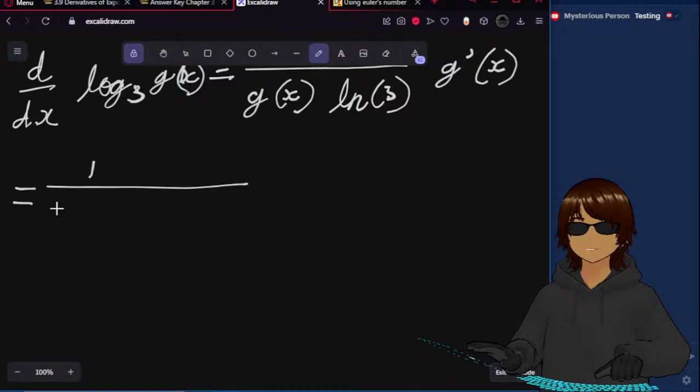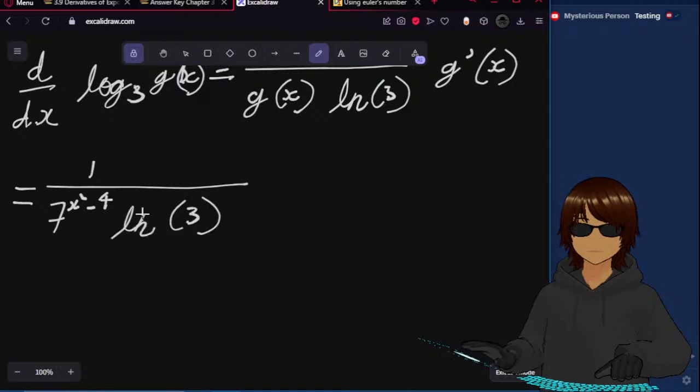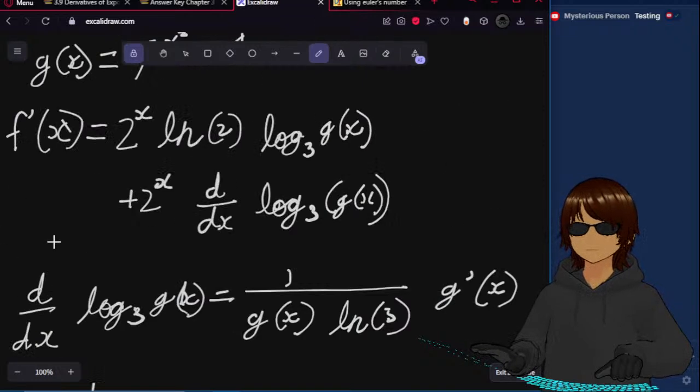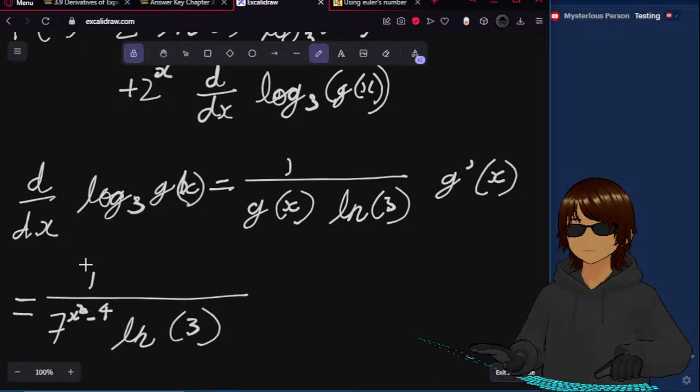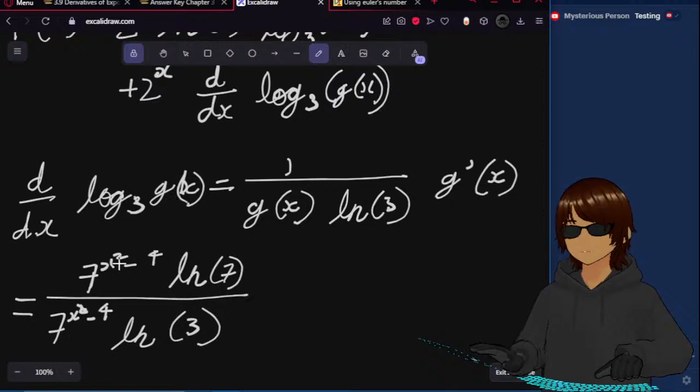Seven x squared minus 4, derivative of this is times it with ln of 7 and then derivative of the inside, which is 2 of x.